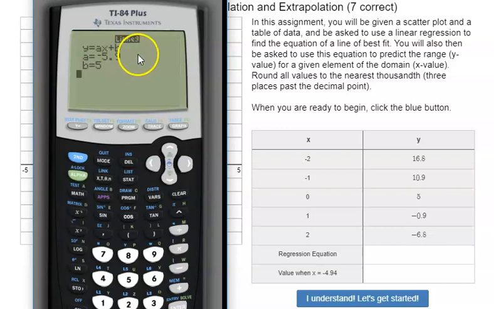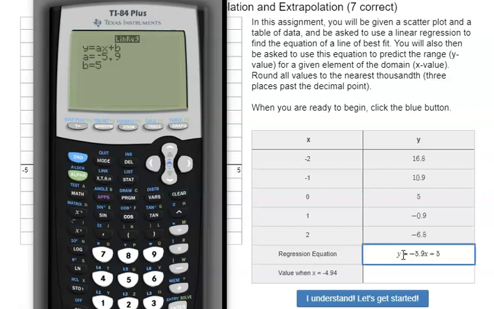If it is required to round to the thousandths place, you can see these numbers here do not continue out past the thousandths place, so that is not an issue. And I'll just type in my regression equation of y equals negative 5.9x plus 5.